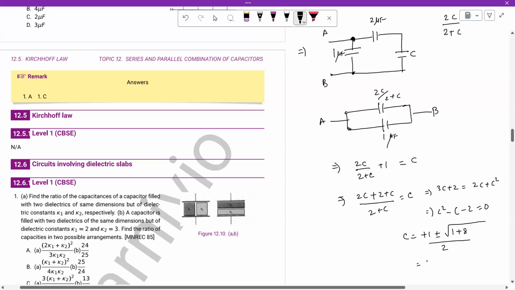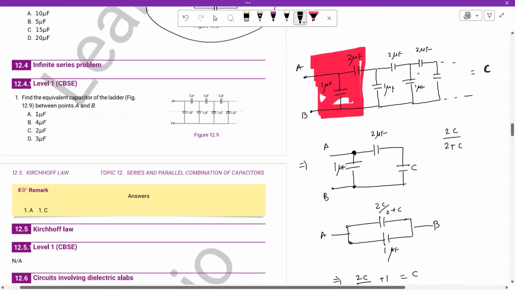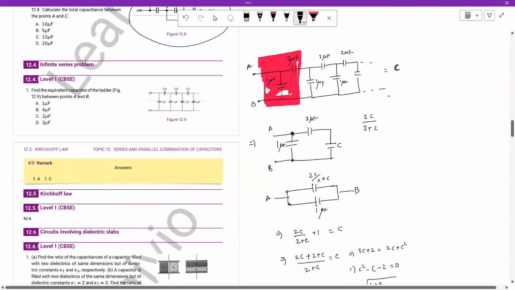So this is 1 plus or minus root 9, which is 3, divided by 2A. So 4 by 2, and minus would not be the answer. So this would be 2 only. So 2 microfarad is the capacitance. Clear? Okay, then quickly note this one and then we'll do the other question.